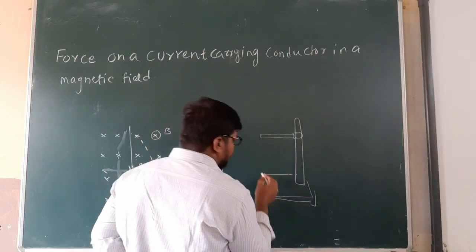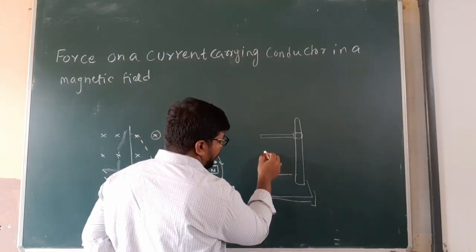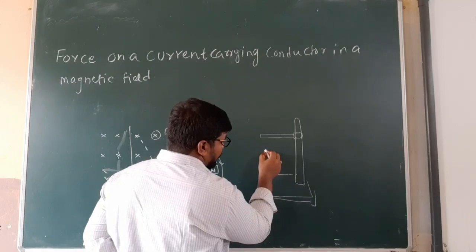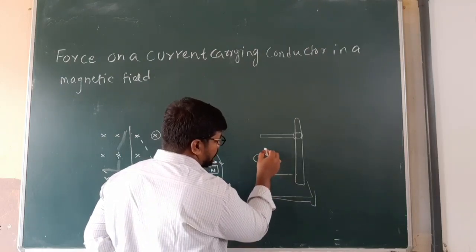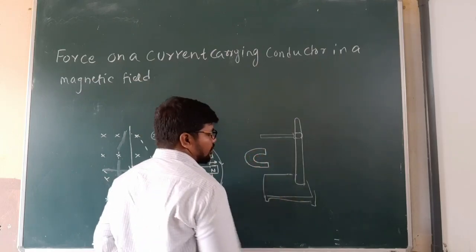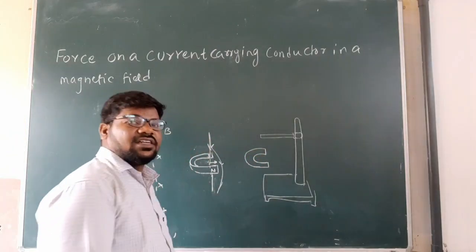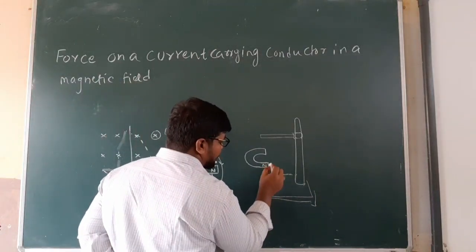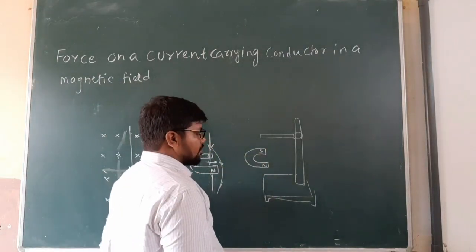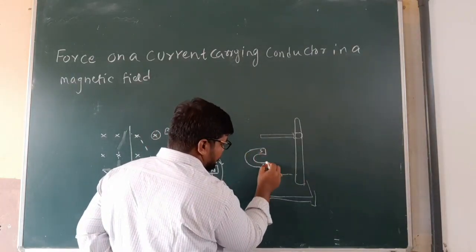In this situation, we have to take one U-shaped magnet, with north here and south here.